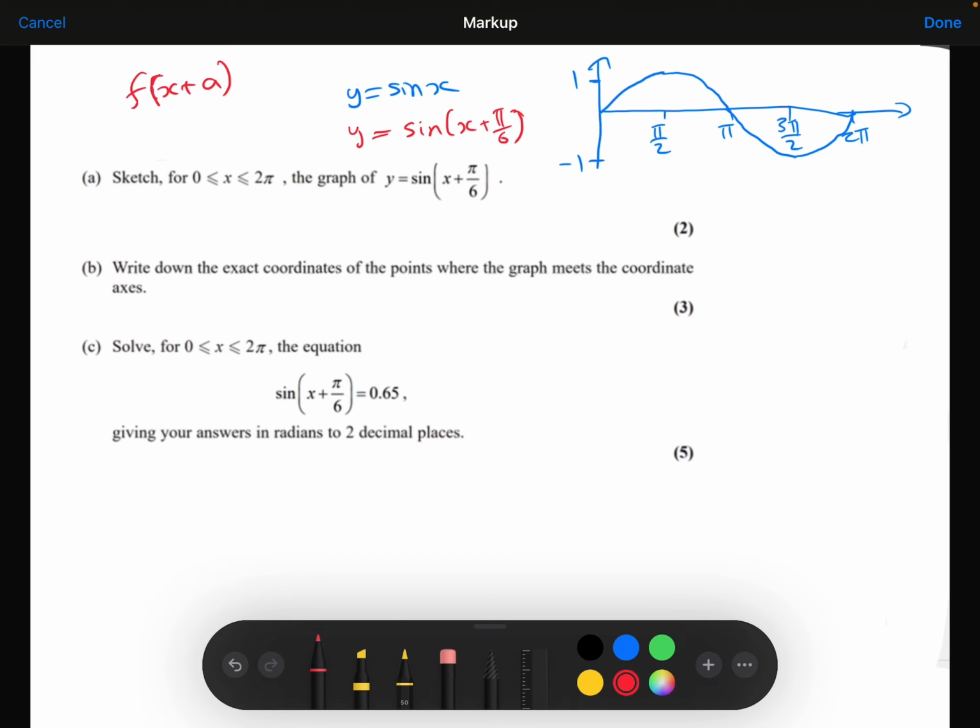The x coordinate that was at pi over 2, I'm going to subtract pi over 6 from that. So pi over 2 minus pi over 6, and we get 1/3 pi. So about here. Next, this coordinate here, the pi minus pi over 6 will be 5 pi over 6.